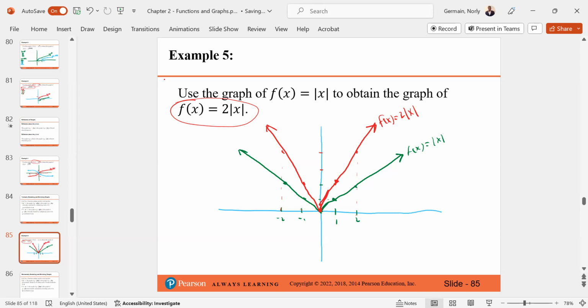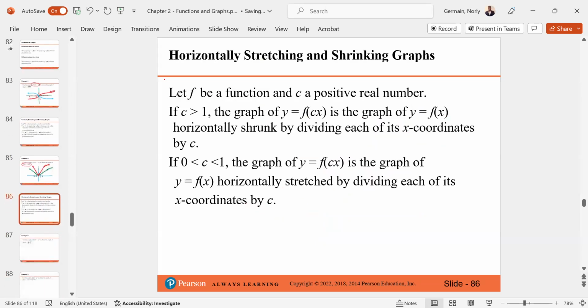You have two functions like this, right? One of them was something we did, where we stretch the graph vertically. Now we can also stretch the graph horizontally.